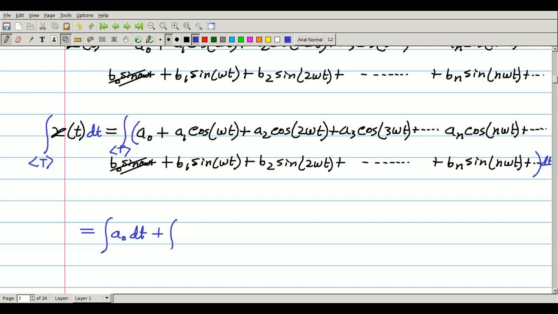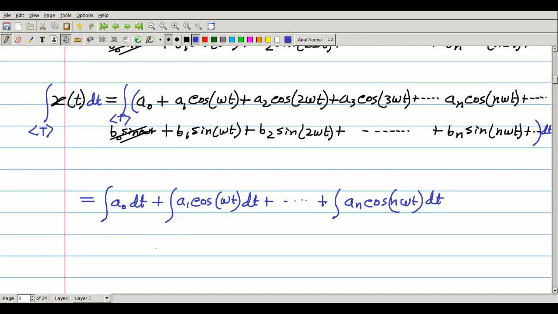Now the right side of this equation can be split into terms like integration of a0 dt plus integration of a1 cosine omega t dt plus a2 cosine 2 omega t and so on. In general, integration of an cosine n omega t dt, and then these sine terms b1 sine omega t dt plus dot dot dot, in general bn sine n omega t, over complete cycle.